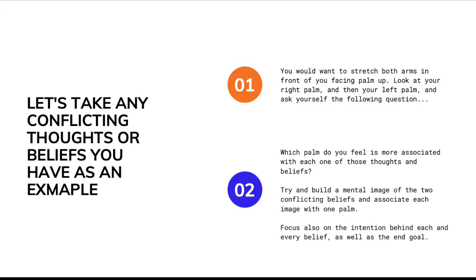And you want to try and build a mental image of the two conflicting beliefs and associate each image with one palm. So let's say you associated the left palm with you procrastinating. Well, then you will associate that with an image of you, for example, shutting down the computer and going to play video games or going out with friends.